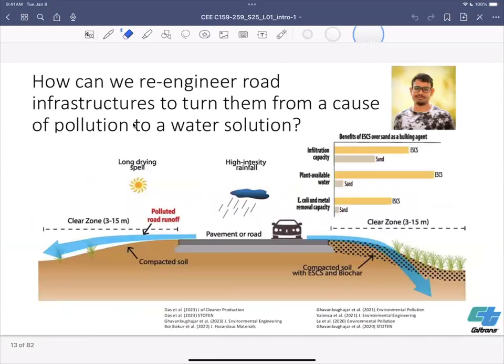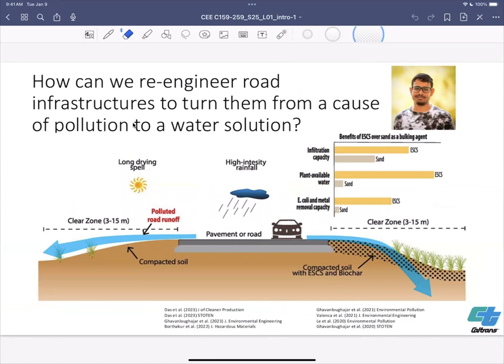And these particular projects we have from the California Department of Transportation, Caltrans, where we are redesigning the roadside soil amendment so that the road runoff can naturally infiltrate into the systems and can be reused, or at least can become cleaner than what it is right now.